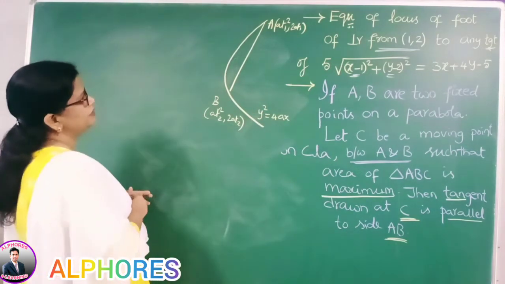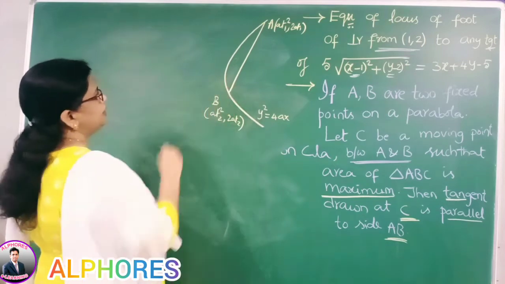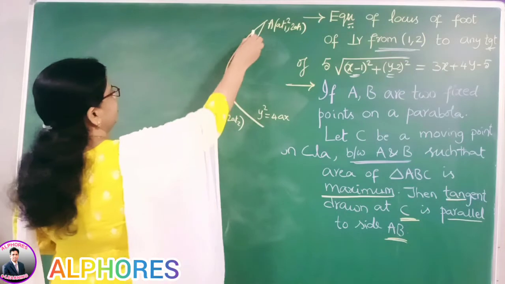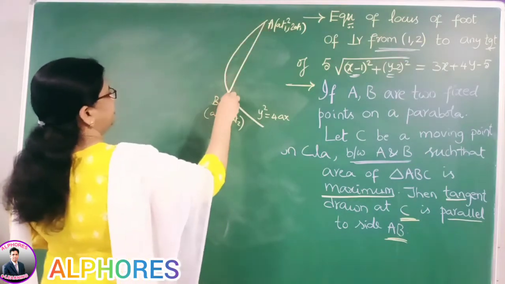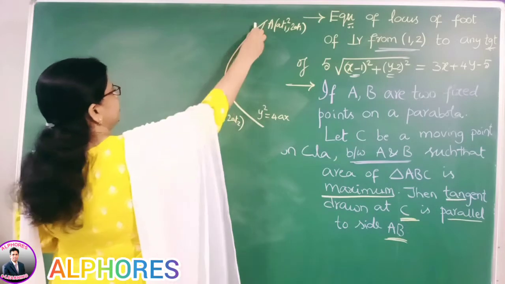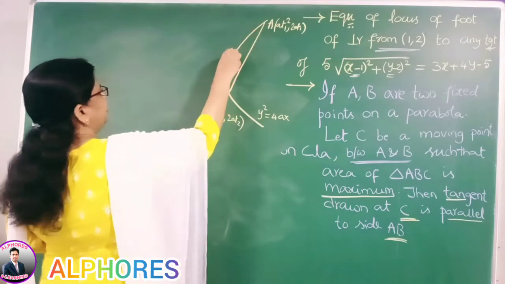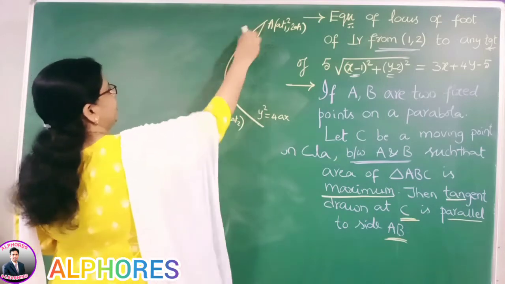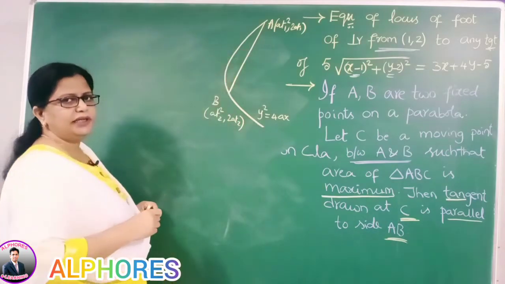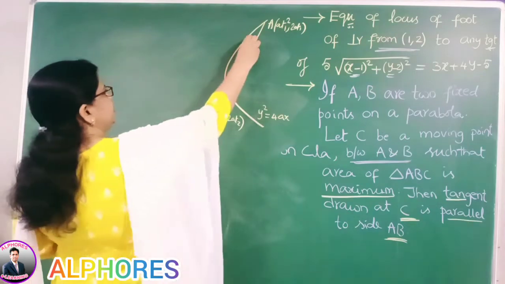Once we have taken this, they are asking about a point C. How is the point C? It is moving between A and B, it can be here or here, anywhere, but it is within the arc AB. Then what about the area of the triangle being maximum? Suppose C is here.